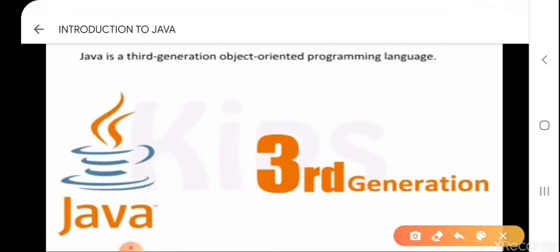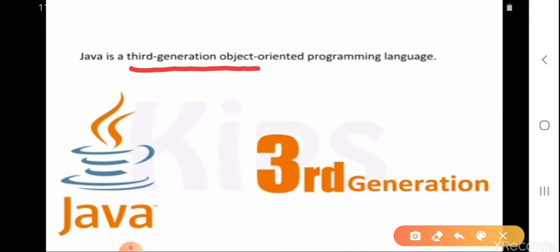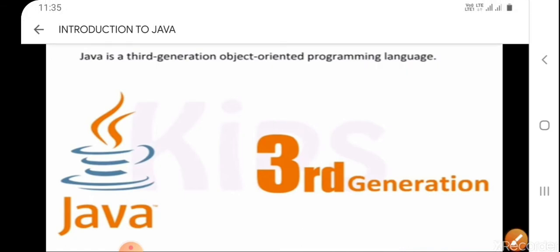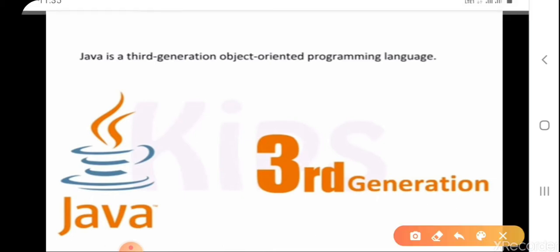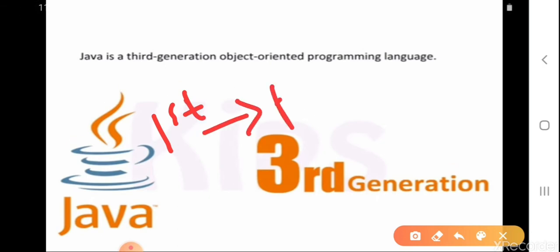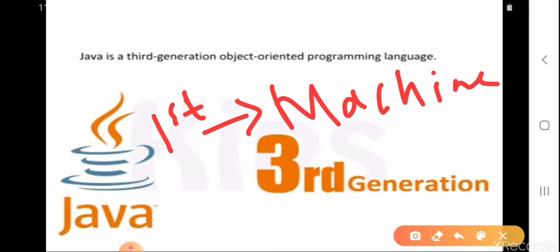Students, Java is a third generation object oriented programming language. Why third generation? You should recall that in previous classes you studied that the first generation language was also known as machine language, which used only binary codes, 0 and 1.